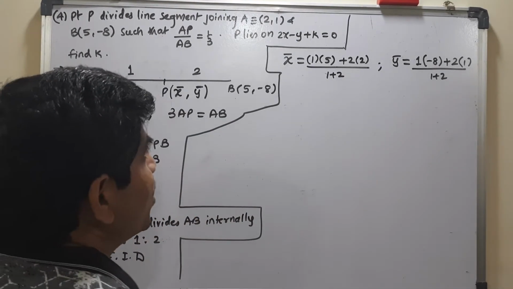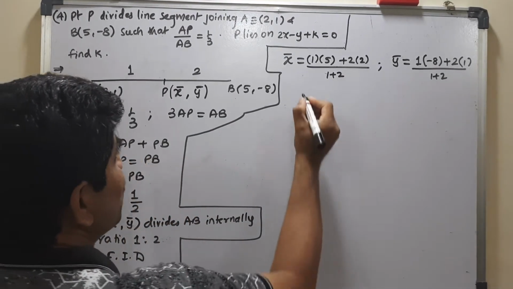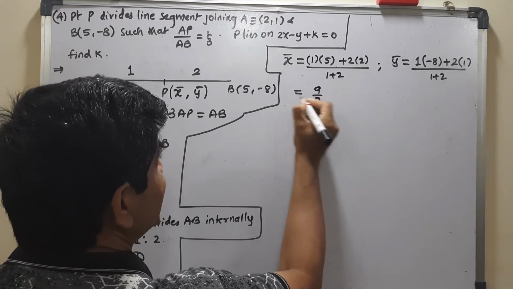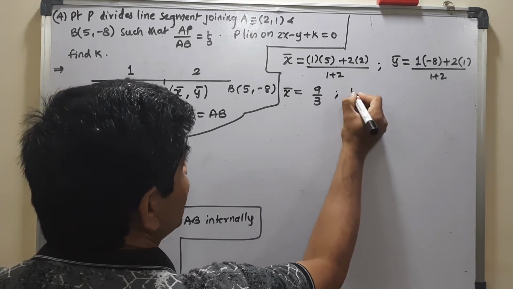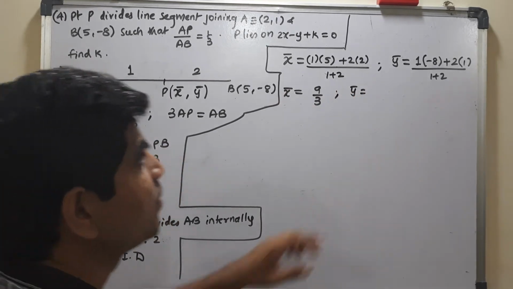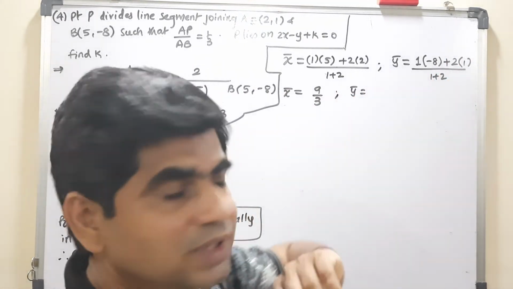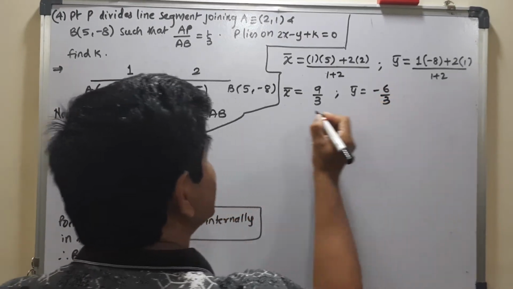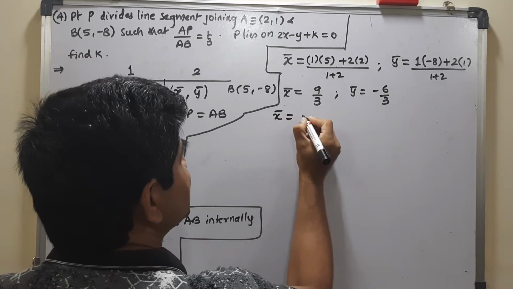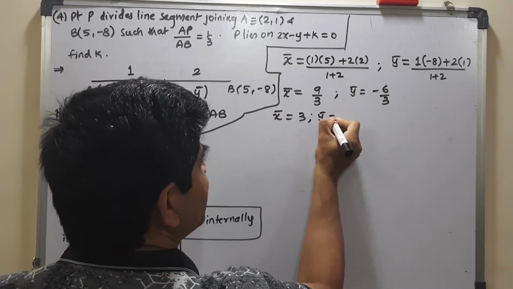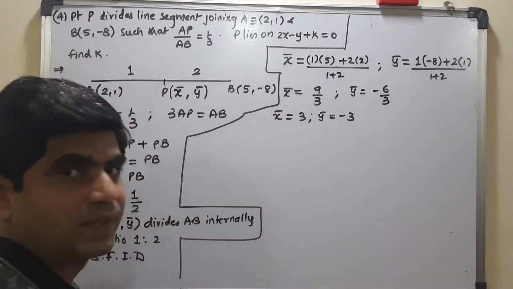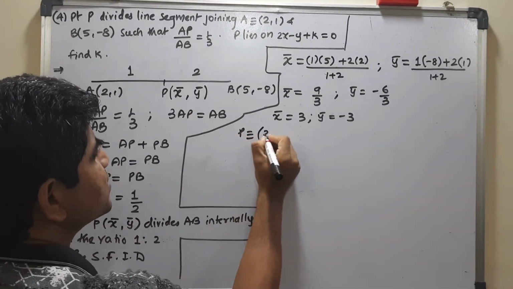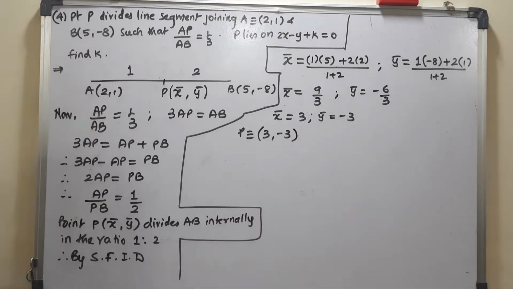What I get here is 1 into 5 is 5, 5 plus 4 is 9 by 3. And y bar is minus 8 plus 2, that is minus 6 by 3. That means x bar is equal to 3 and y bar is equal to minus 3. The coordinates of P are (3, -3).